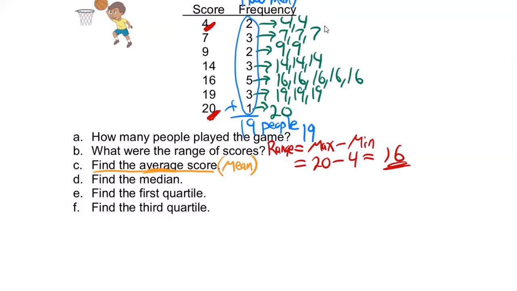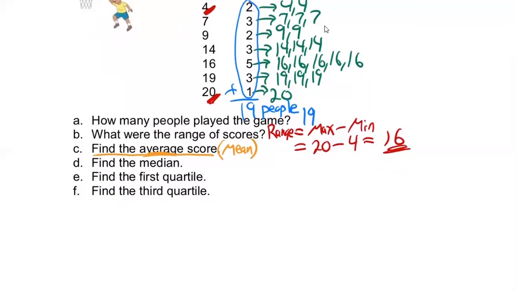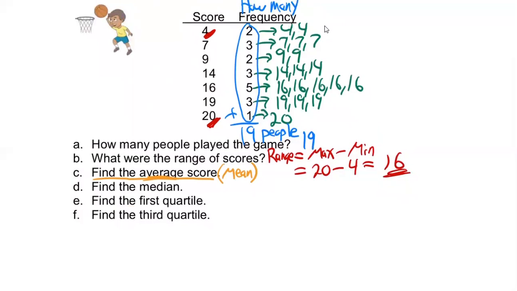So we add the frequency, like 4 plus 4, and then 7 plus 7, add it all together, right? Because that's how we find an average. So an average means add up all scores, hit equals, and divide by 19, because there's 19 total scores, aren't there?